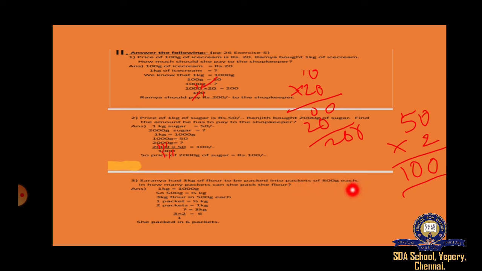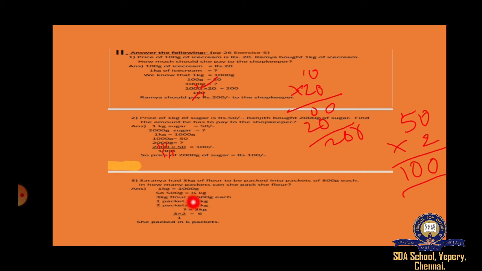Next, Saranya has 3 kg of flour to be packed into packets of 500 grams each. She has 3 kg of flour, and she has to pack it into 500 grams each. So 500 grams in one packet means 3 kg of flour will be filled into how many packets? 1 kg is 1000 grams. 500 grams means half kg.